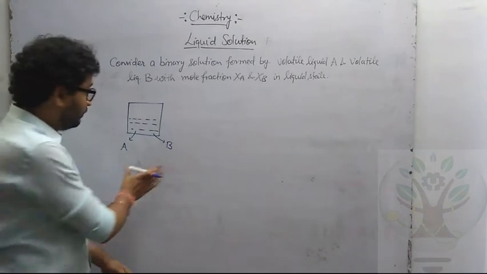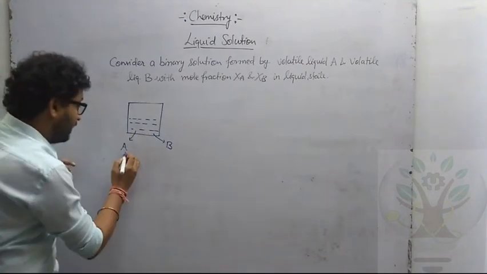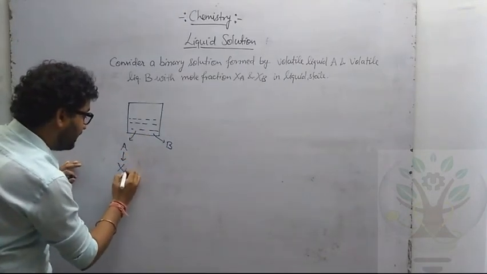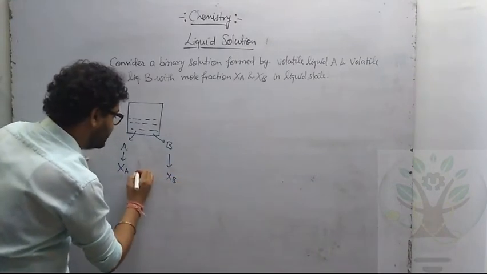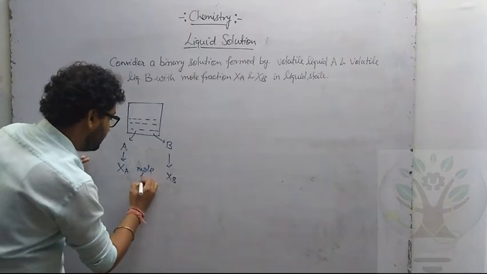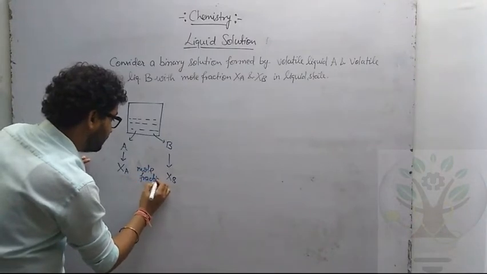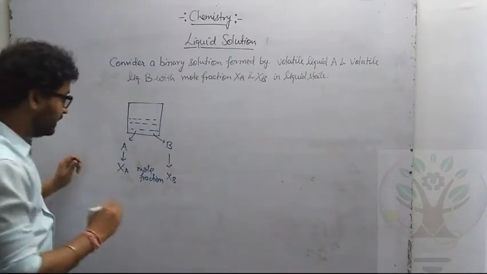None of these two is non-volatile. Mole fraction of A is XA and mole fraction of B is XB. This is mole fraction.